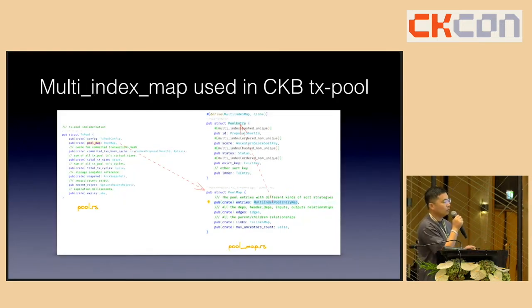So we refactored the transaction pool with the multi-index map. This is the pool map in the transaction pool, and the pool map contains entries. The entry is a multi-index map. There is a property called status to indicate the current status of the transaction, and there are two sorting keys in the multi-index map.